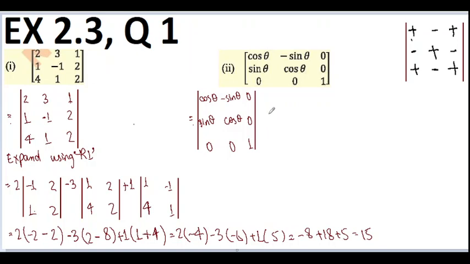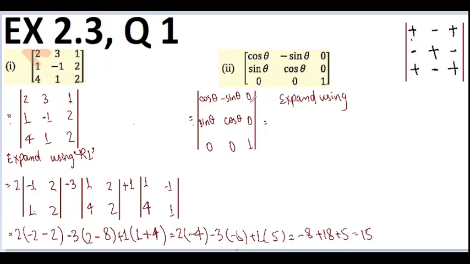So now we are going to expand it using row, by the way, let me explain one thing. For example, we are given this matrix. It is most suitable for us, whenever there are many zeros, to choose the row which has the maximum number of zeros.